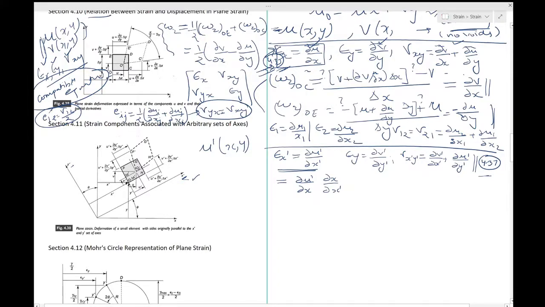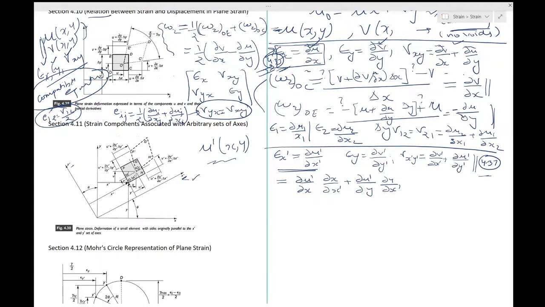Similarly v dash is also a continuous function in x and y, so you can do this particular operation, and then this is half of dou u dash by dou y, times dou y by dou x dash. That's how you would be able to write this term.